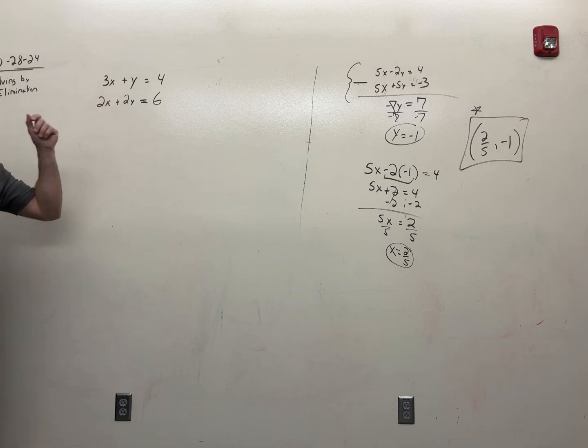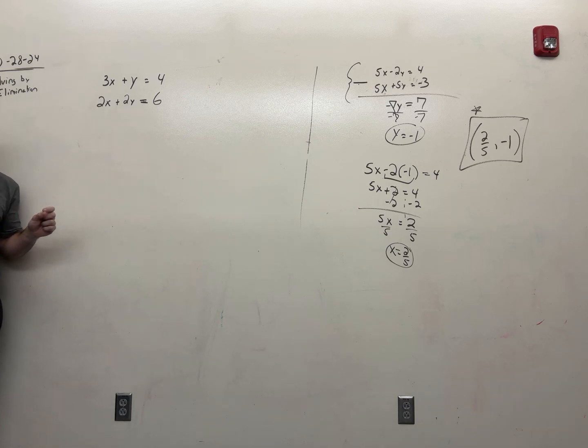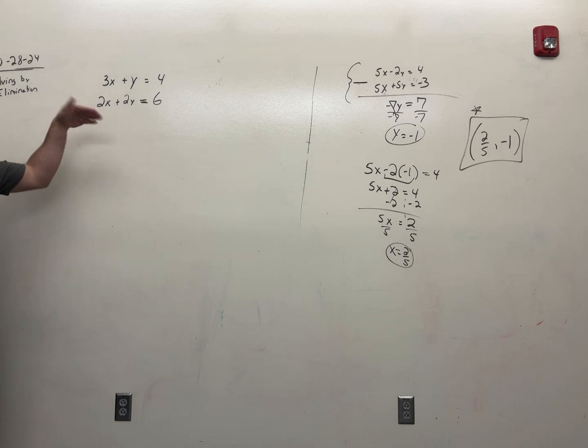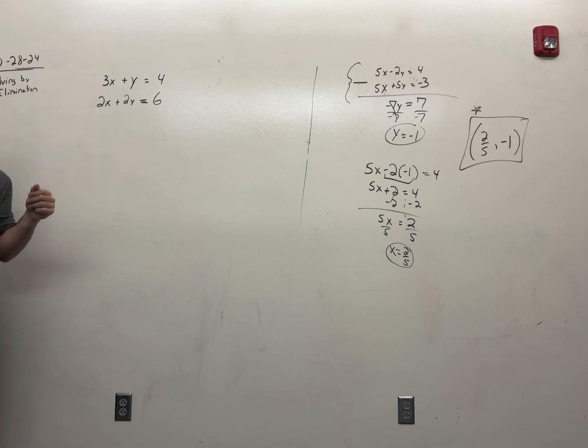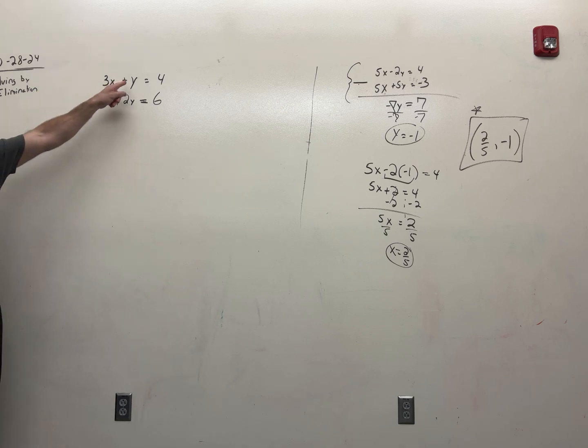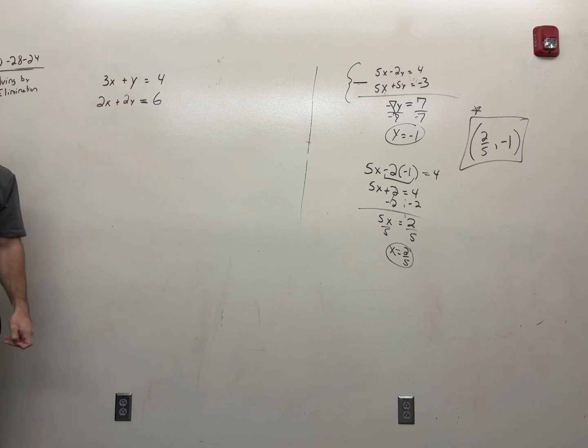1 and 2, no. Is there a way that we can multiply one of these equations, though, to get the other one? What I mean by that is, can I multiply this 2 to get a 3? I mean, we could, but it's going to be a fraction, right? Is there a way to multiply this 1 to get a 2? By what? Oh.